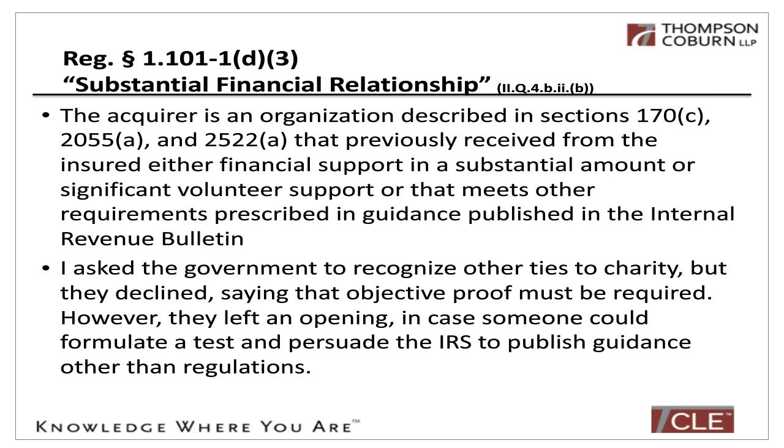But they aren't literally related to you, and they're not spouses of people who are related to you, so they're not family. They're coming in under the substantial financial relationship. So if the person who acquires a policy, if the charity previously received from the insured either financial support or a substantial amount of volunteer support.